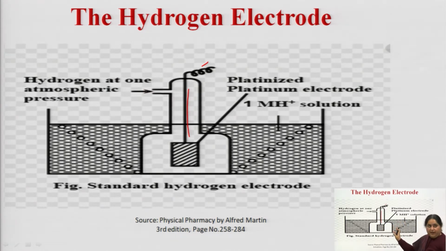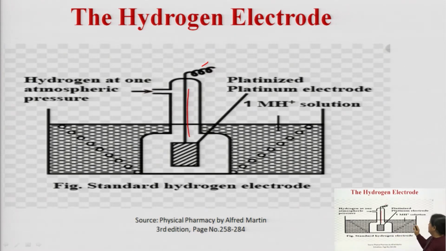We have a platinized platinum wire, and that is housed in a chamber, which is rectangular shaped below and like a test tube above, and there is an opening. From this opening hydrogen gas can be added into the housing at 1 atmospheric pressure.